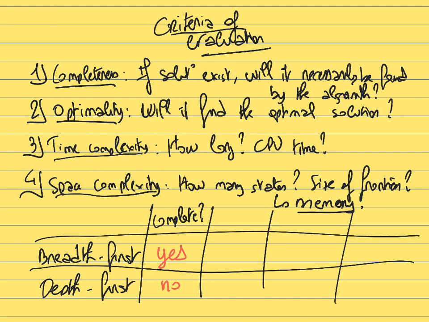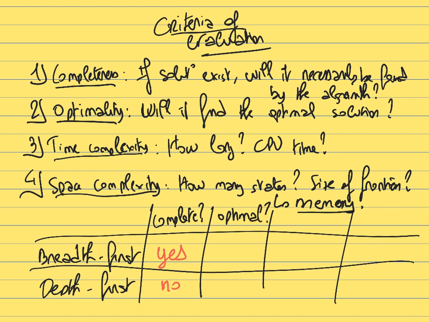So if the tree is infinite, then the depth first search algorithm is not complete and can eventually run out of memory or run out of CPU time without finding the goal of the problem. Then we move to the second criterion, is it optimal?